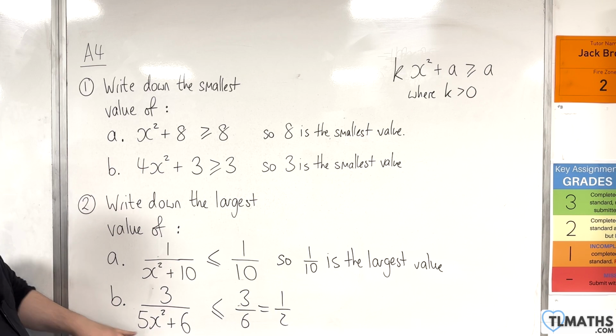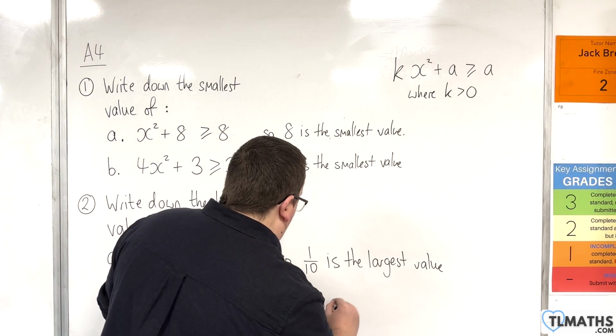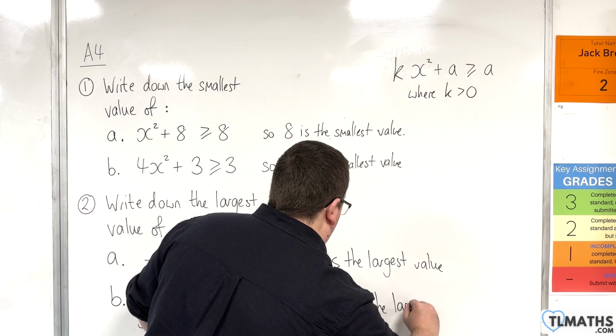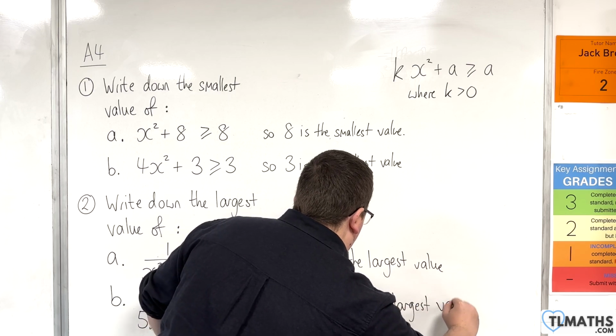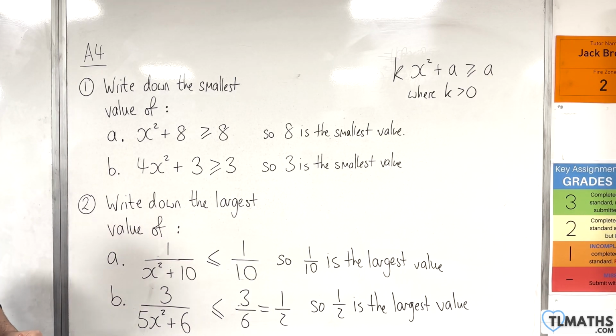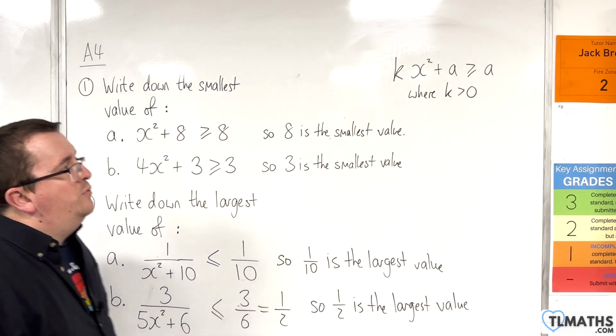Okay, so this will only ever be less than or equal to 1/2. So 1/2 is the largest value it can be. Okay, so this is really utilising that property that we saw in the previous video.